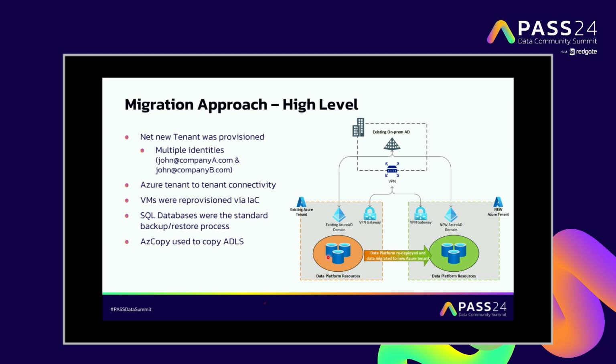That was a separate PowerShell scripting process to essentially, at a high level, iterate through everything and extract the ACLs at the ADLS, right? So groups, whatever permission level, extract that, and then on the target side, just reapply it.